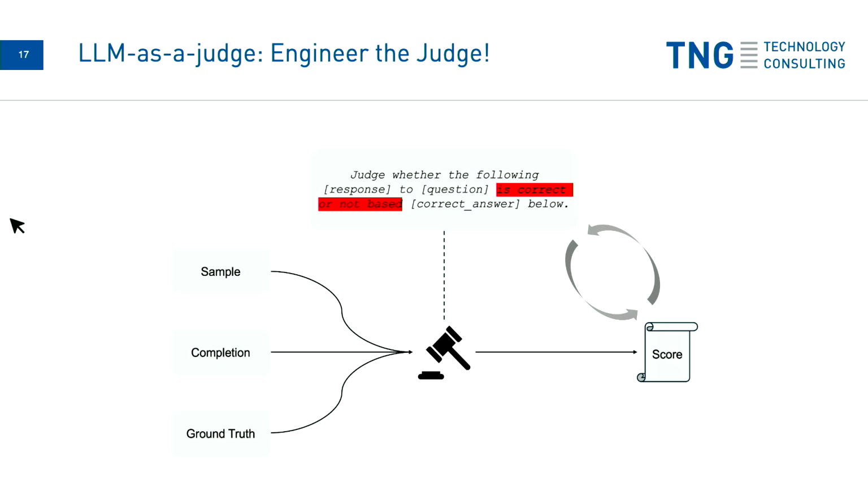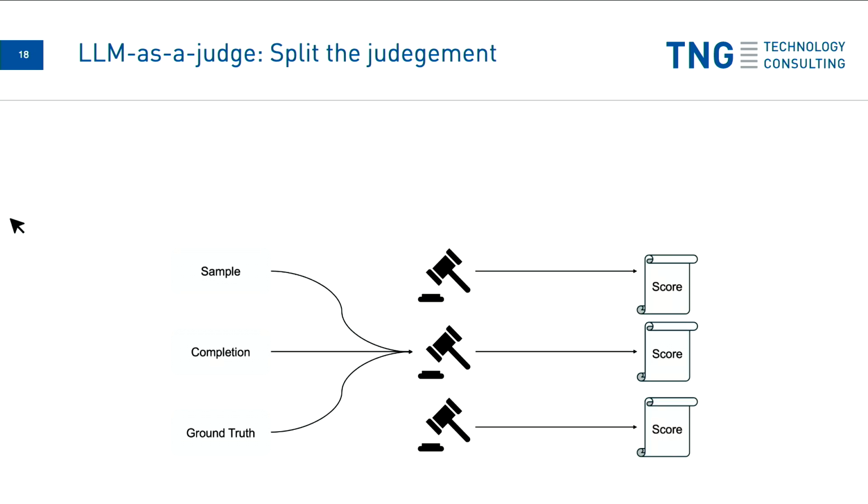If it doesn't quite fit what you expect from your LLM, engineer the judge such that it is aligned with what you expect. Another way to improve judgments is to split the task into smaller judgment tasks in order to make it simpler, more scalable and reproducible when using it as an evaluation tool.